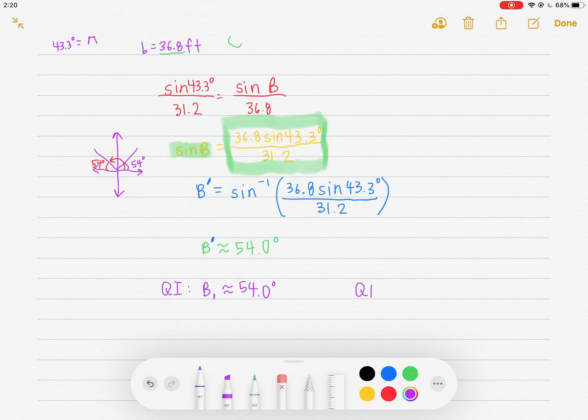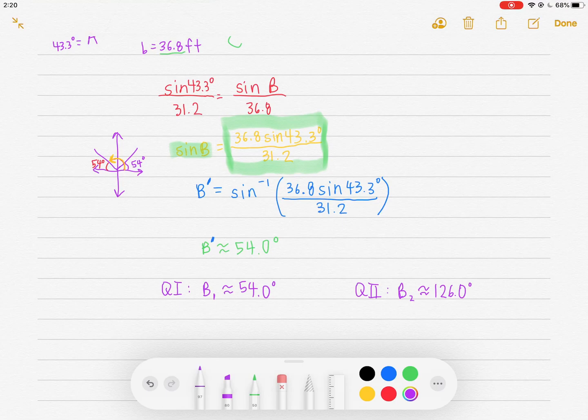But there's also a Q2 B, which I will call big B2. To find that angle, we do 180 minus the 54, and he is approximately 126.0 degrees.